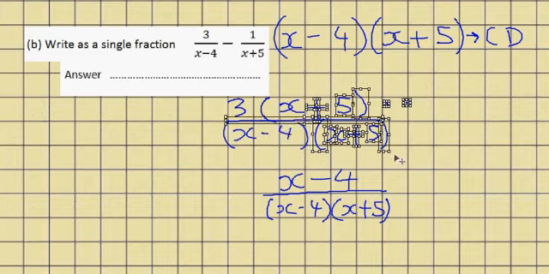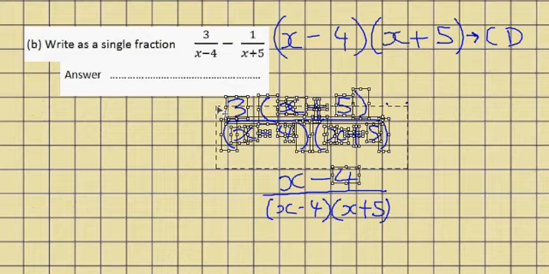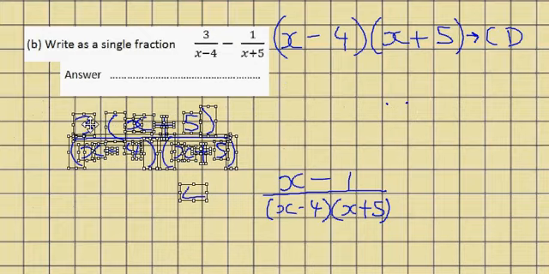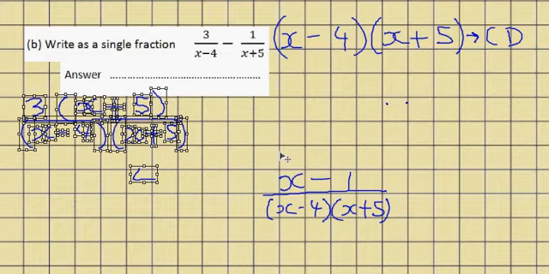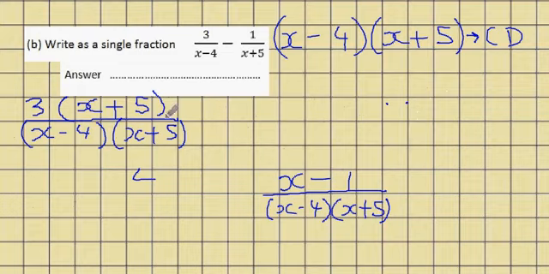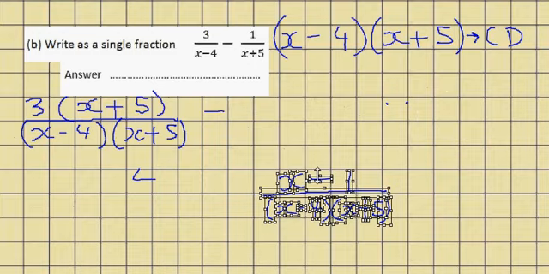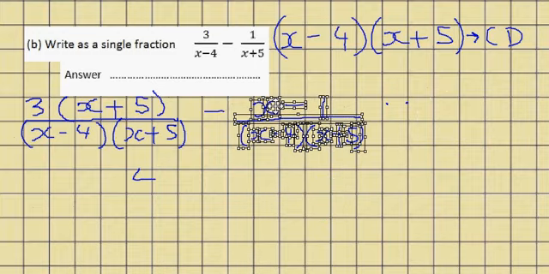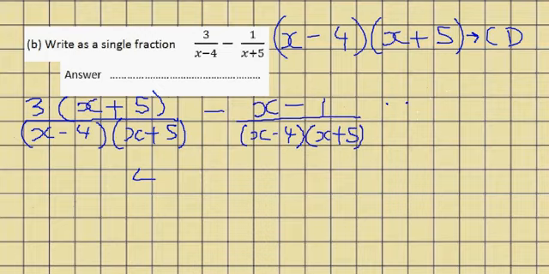So this was our first fraction, which came from 3 over x minus 4. It's going to be this fraction minus the second fraction, which came from 1 over x plus 5. I'll move that to there. To do this, I'm going to need to multiply out those brackets.